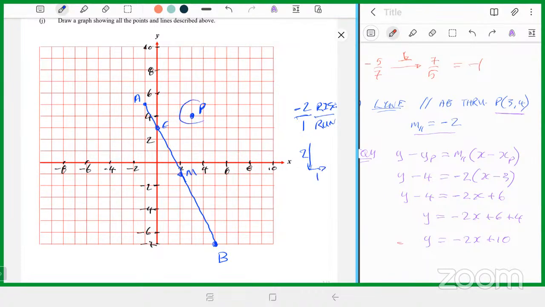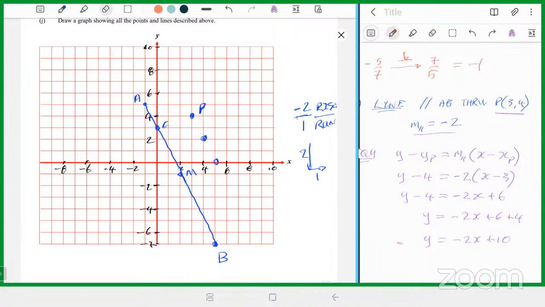Starting from here, with a gradient of -2/1, I rise -2, run 1. So I come down 2, run 1 to here. That's a point on the line. Then start again here. I'm going to rise -2 again, run 1, and get this point.